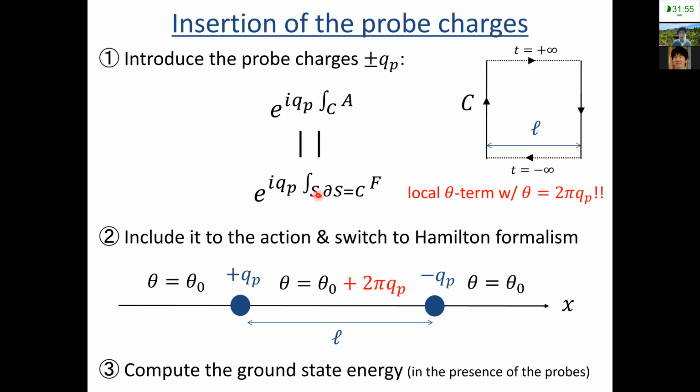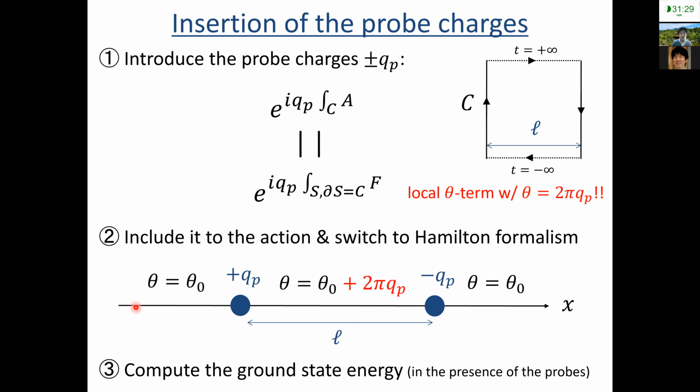But this form is the same as a theta term defined locally. So this is a theta term with theta equal to 2 pi q_p.